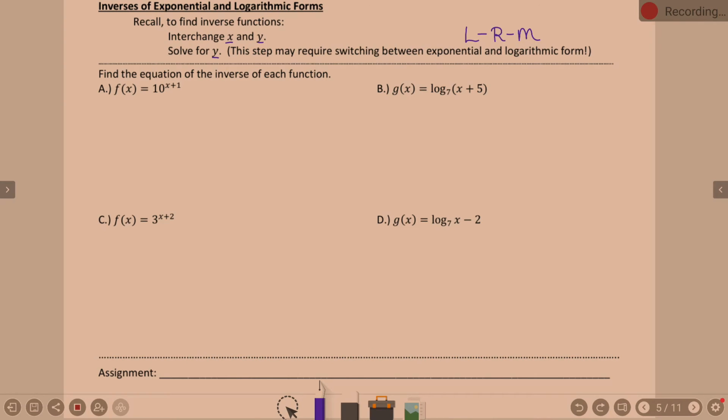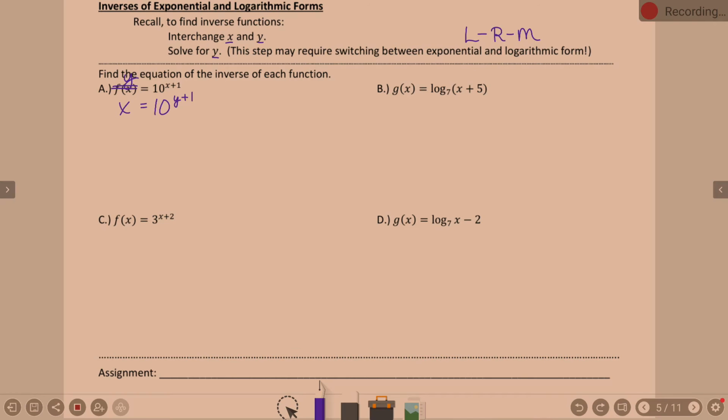Okay? As we look at A, find the inverse is what we're doing here. What do you know about f of x? It's y. That is a fancy way for saying y, yes? Been there, done that. Now, step 1 says we take x and y and we switch them. So instead of saying y equals, this is going to read x equals. Instead of 10 to the x plus 1, it's going to be 10 to the y plus 1.